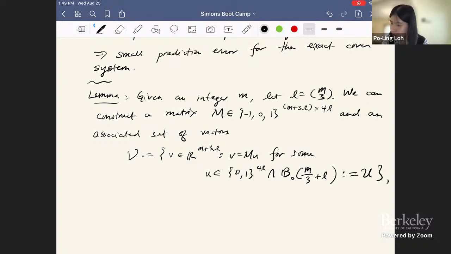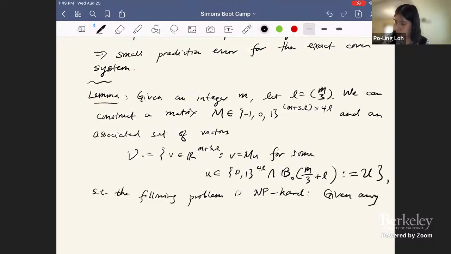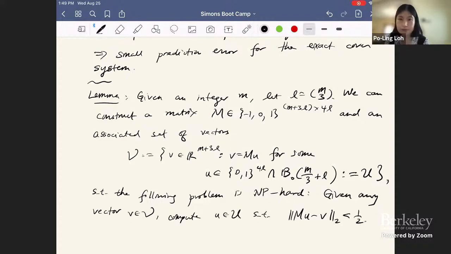Such that the following problem is NP hard. Given any vector v in script V, compute u in script U such that the norm of Mu minus v is bounded by 1/2.